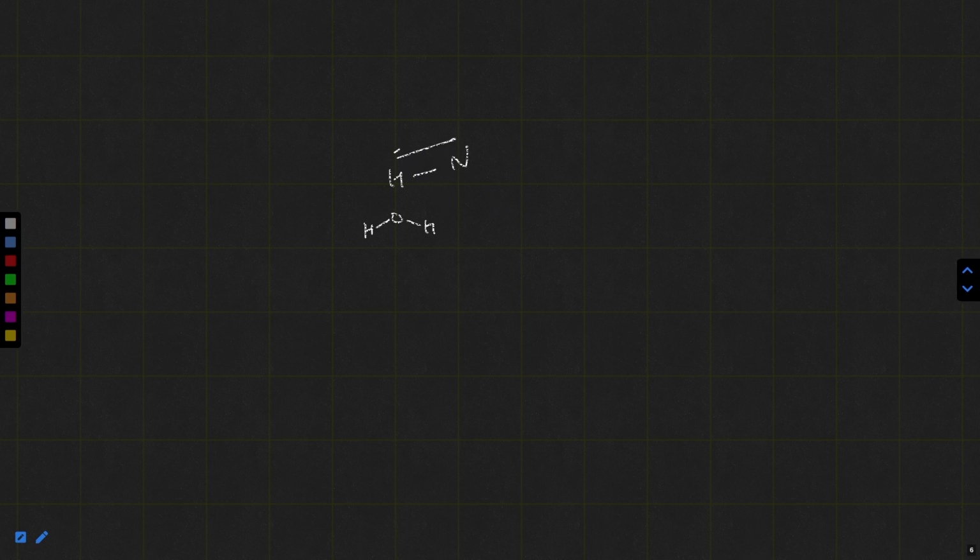So suppose this bond has a dipole moment mu B, and here we have a dipole moment mu A. We will say that mu B is greater than mu A. Due to this reason, we will have a greater dipole moment and a greater interaction between these two. In this case, we will say that the AB interaction is greater than AA.